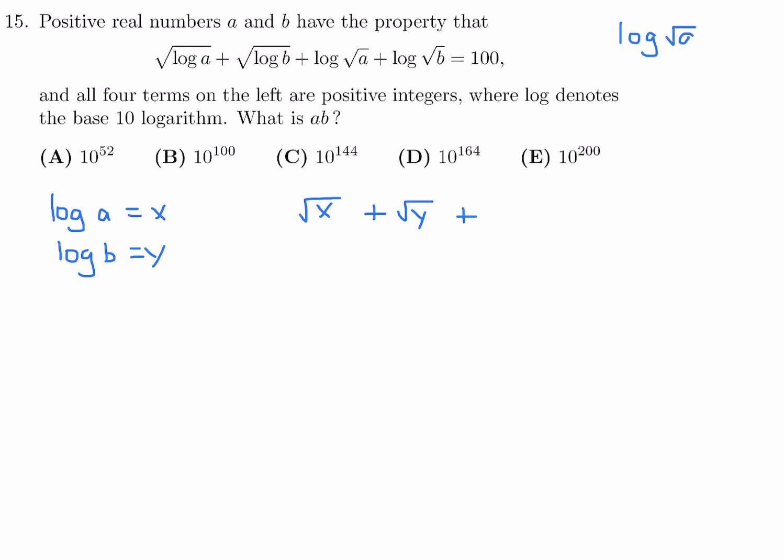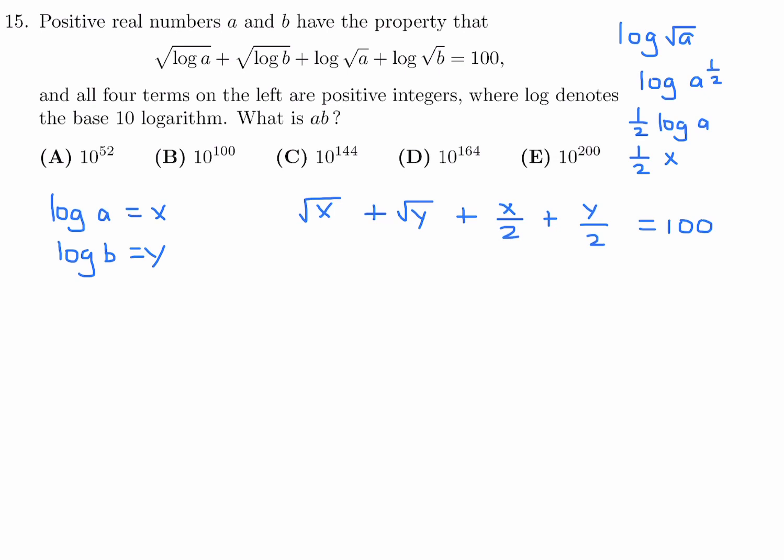The log of root a is the same as the log of a to the 1/2, and you bring the half out front, so it becomes half the log of a, so that becomes x over 2. In a very similar way, the next one becomes y over 2. And that equals 100. Now, when you get to this part of the question, I thought about this a long time, and I said, well, where do I go from here? Do I use a quadratic?